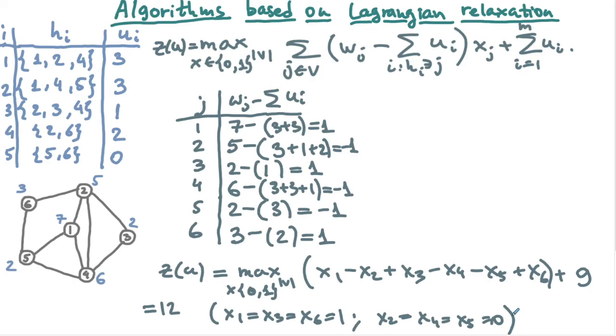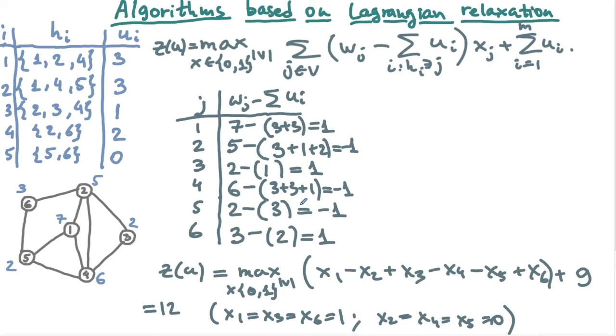But then if we look at the solution that we obtained by setting x1, x3, and x6 to 1, it actually is feasible for our problem. So we have an independent set here, or a set packing for our original problem, and the weight of this set packing is given by 3 plus 7 plus 2, which is exactly 12, so we achieved the upper bound, and we can conclude that we obtained the optimal solution for our problem.